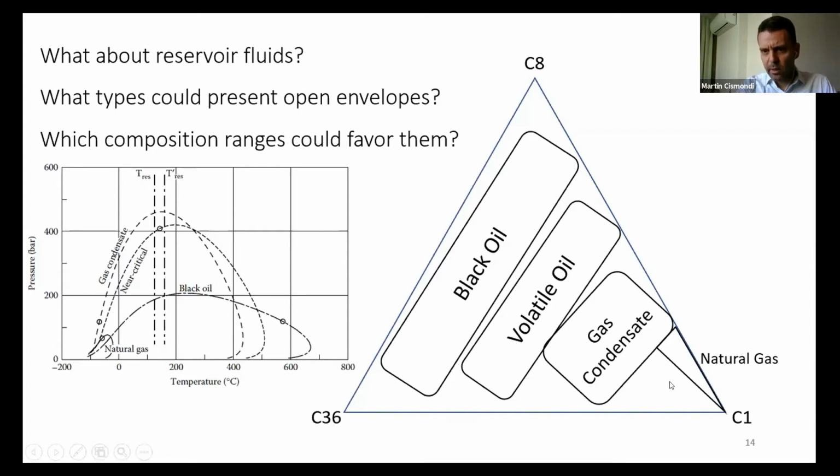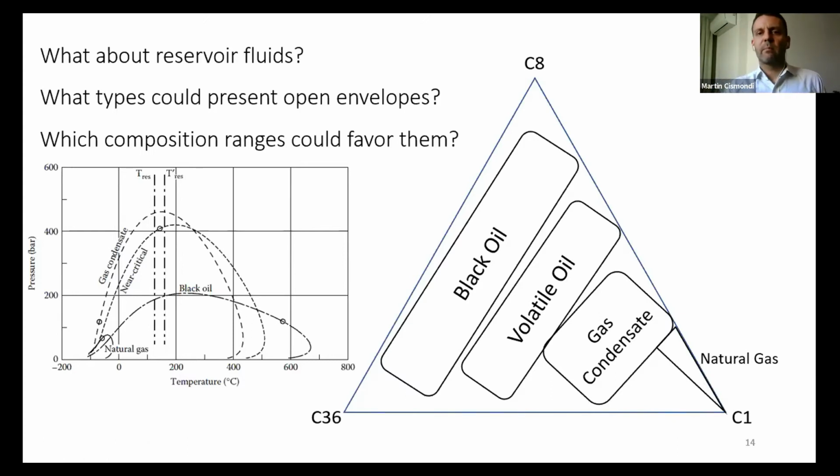This part down here below natural gas, I would call it maybe the non-existent reservoir fluid, because you don't find reservoir fluids which approach the binary between methane and the heaviest fractions without having important quantities of the intermediate. That's why we have this empty part here.